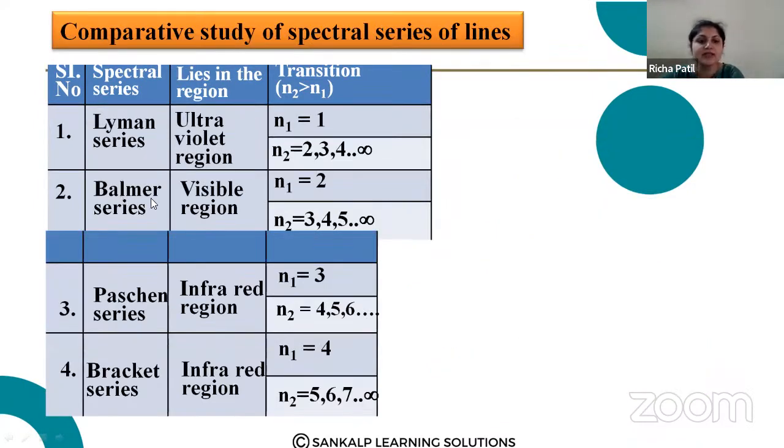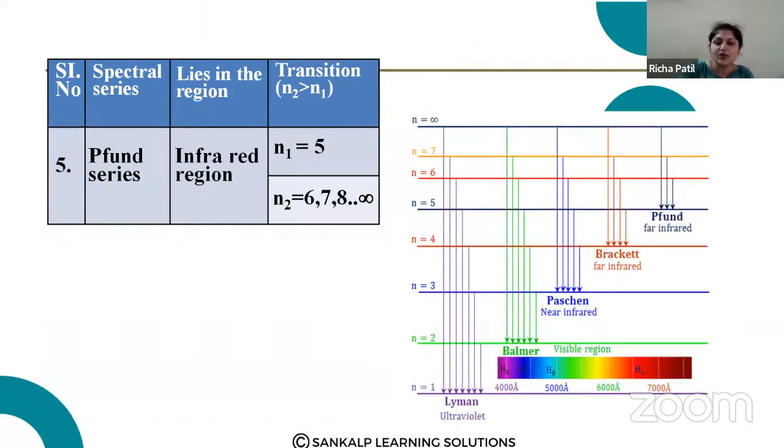The second spectral series is the Balmer series. Here it is from n1 equals 2, your stationary state or ground state is 2, and n2 will be 3, 4, 5, etc. up to infinity. These spectral lines lie in the visible region.